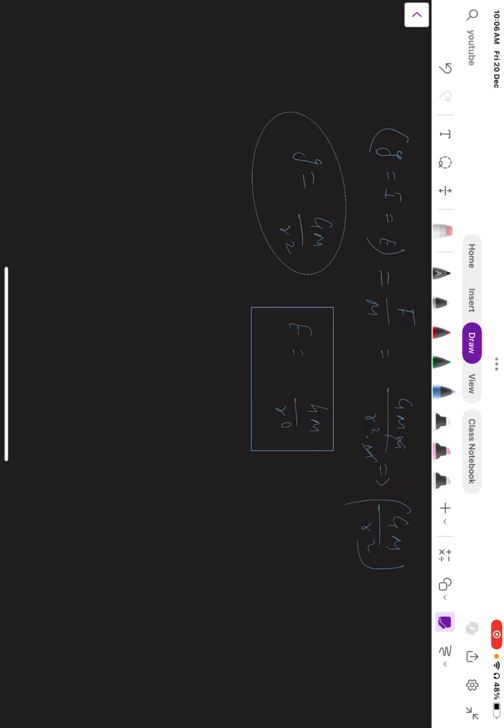This is the field due to a point mass, and the direction is towards the center. Suppose this is a point mass at point O, and there is a point P with field E, and the distance is r. Then this is due to this mass. This is G, not H.